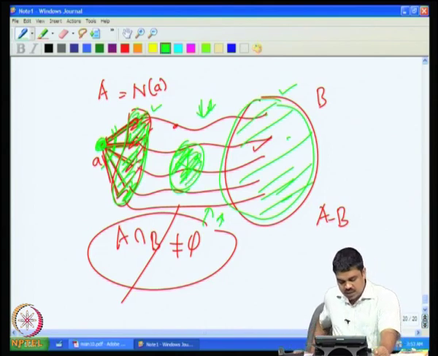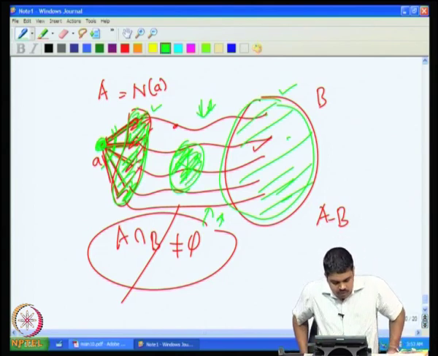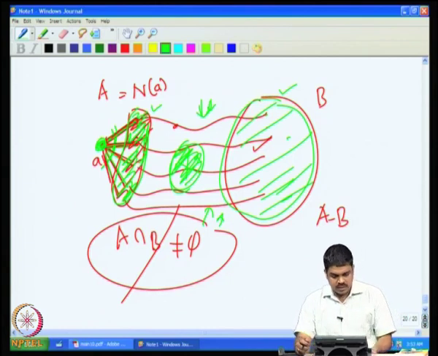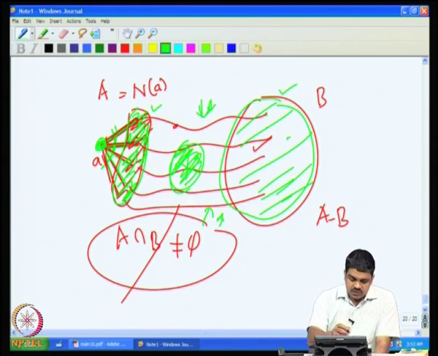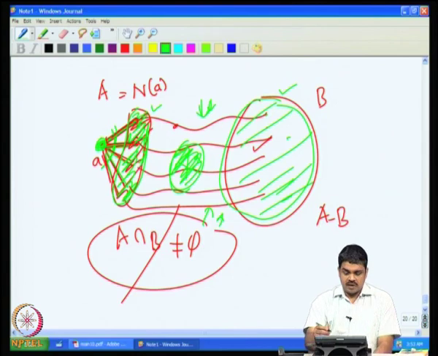And of course the other way, if any collection of vertices can separate A from this thing, it will necessarily have to separate this neighborhood from this, otherwise we still have a path. It's just a matter of carefully looking at it.